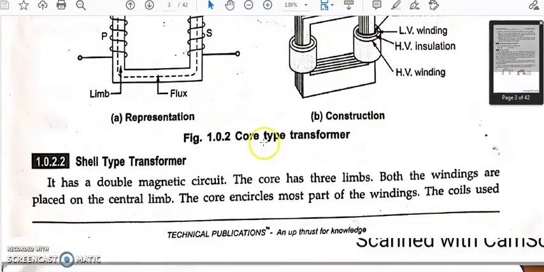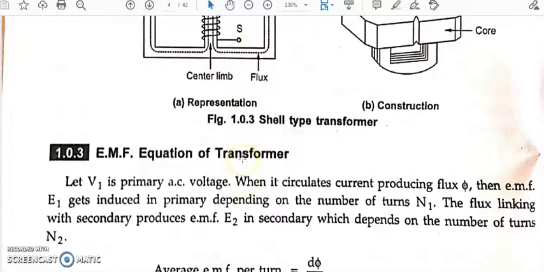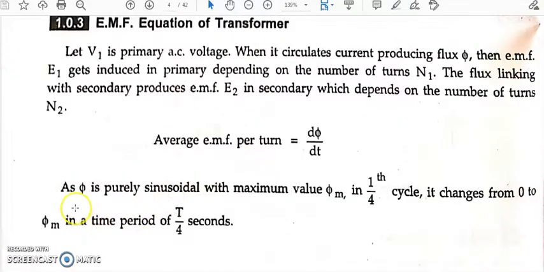That is why the flux is pure sinusoidal with the maximum flux at 1/4 of the cycle, that is, it varies from 0 to phi m in T by 4 seconds. I think this is all clear, why it is d phi by dt and all.